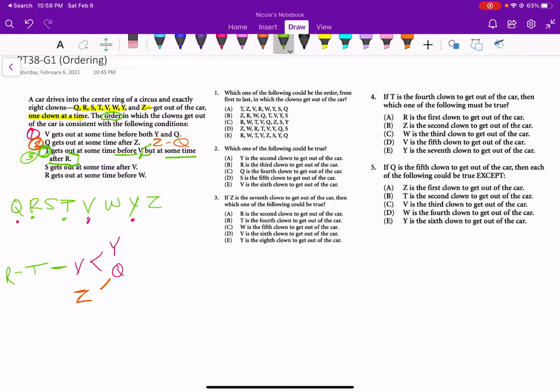Okay. Rule number 4. S gets out at some time after V. So that just means after V, which we already have right here. I'm just going to add another line right here and say that we also have S getting out after V. Then I'm just going to make this Y a little bit smaller.